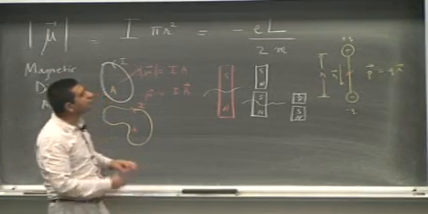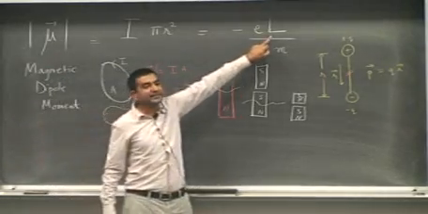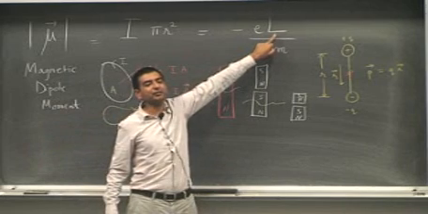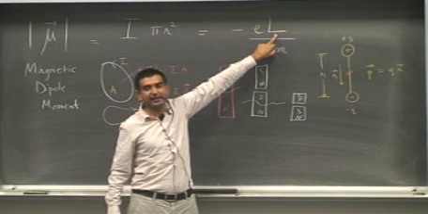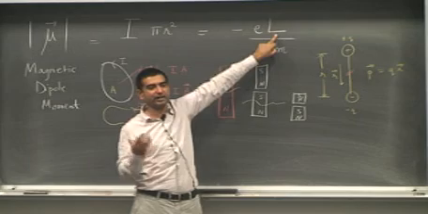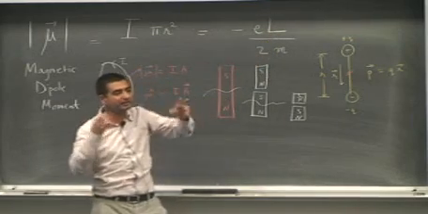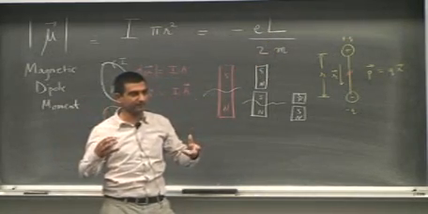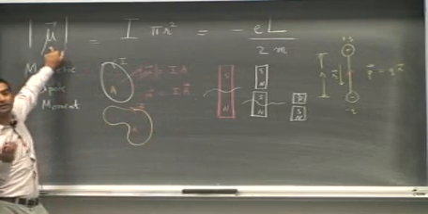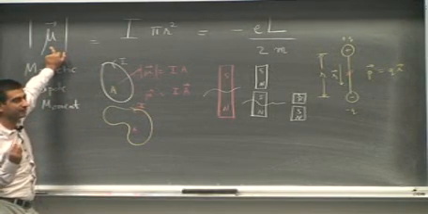Now if you look carefully at this expression, this L, is this a mechanical quantity? Yes, this is purely a mechanical quantity. Classically we think of the angular momentum as a mechanical quantity, whereas this is a purely magnetic quantity.